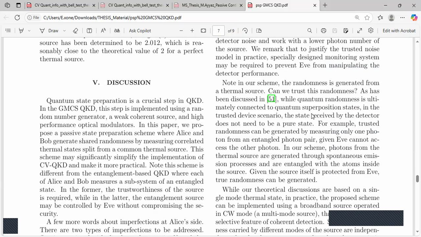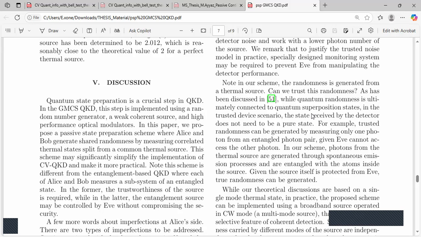He is saying that the multi-mode thermal state should be used with precaution, because if the multi-modes are entangled with each other, Eve, or any adversary, can use that entanglement for her own advantage, as she could measure the quadrature of some mode that is not going to be measured by Bob, and she could store the information without being detected.